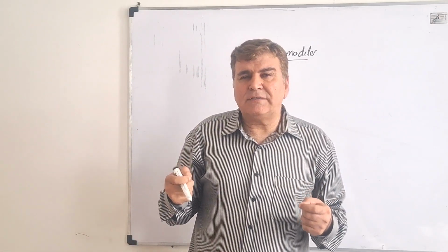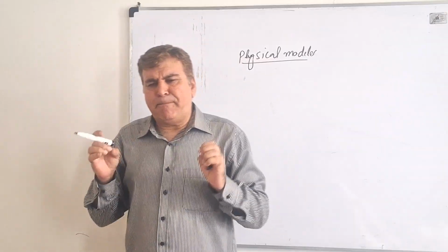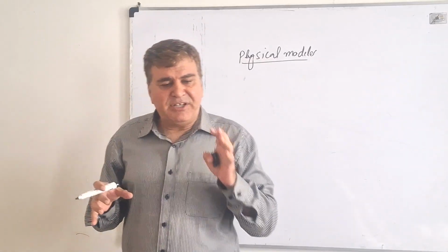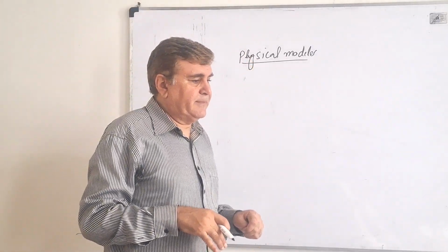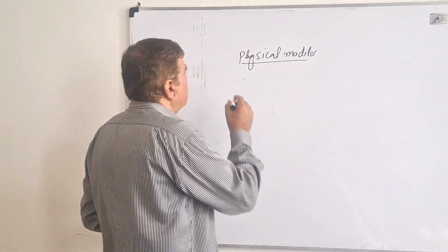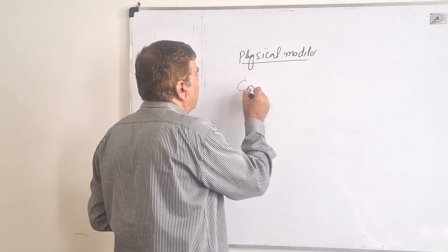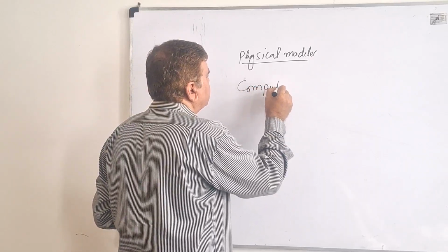So such models in which the bodies, the parts involved can be touched and seen are called physical models. Then there is another kind of model, we call it a computer model.